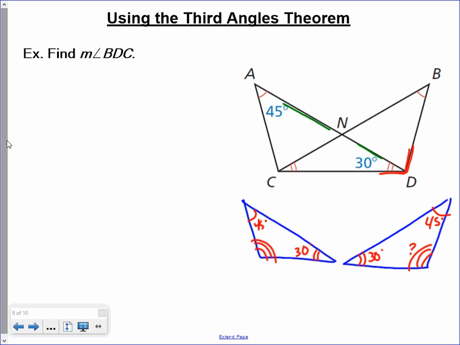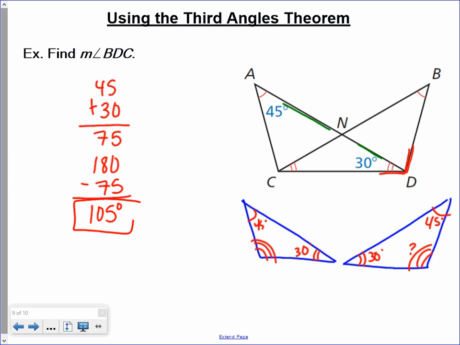And our third angles theorem tells me that if two of them are congruent, the third ones have to be. So at this point, all I have to do to find that missing angle is take 180 and subtract off what I know. So I'm going to add 45 plus 30. I get 75. 180 minus 75 is 105 degrees.